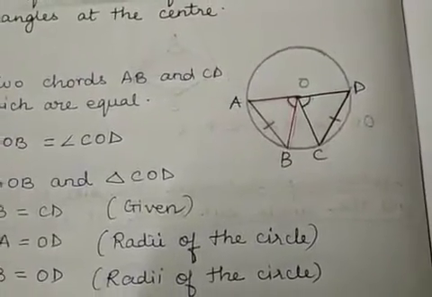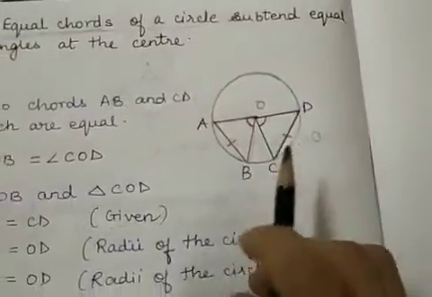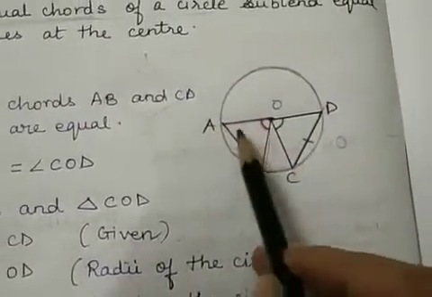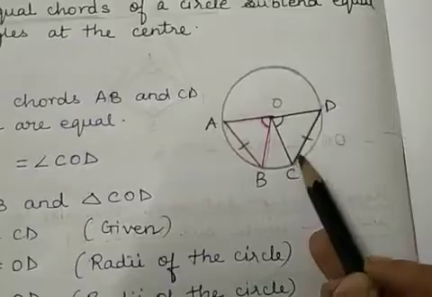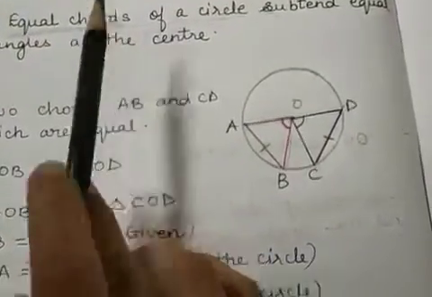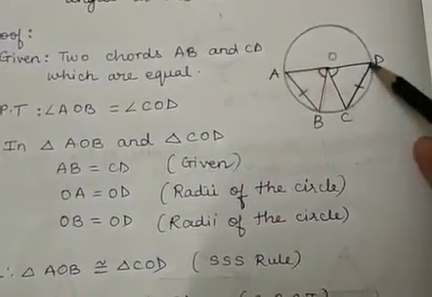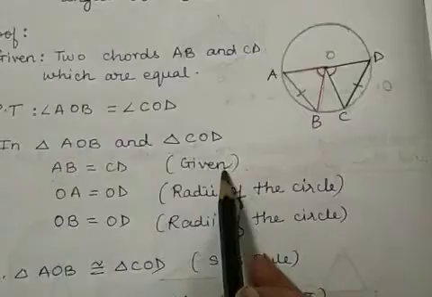Now if you look at the figure, let us see what we can find. You are already given AB is equal to CD, because it is given that the chords are equal. It's already given to you.